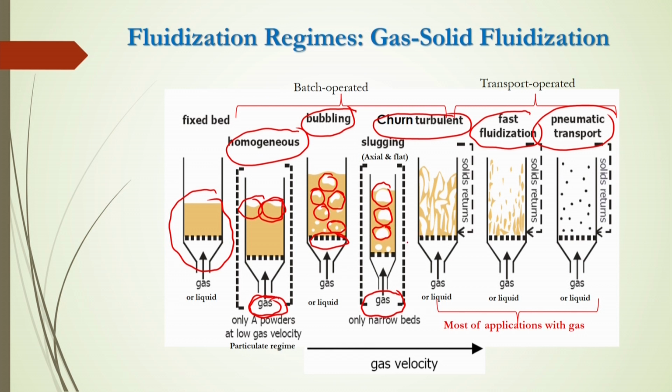In that case, you will see a slug form. Sometimes, if it is not the same as the bed diameter, you can get a plug flow type fluidized bed. So, there will be plug and slug. This is under the bubbling fluidizing condition.